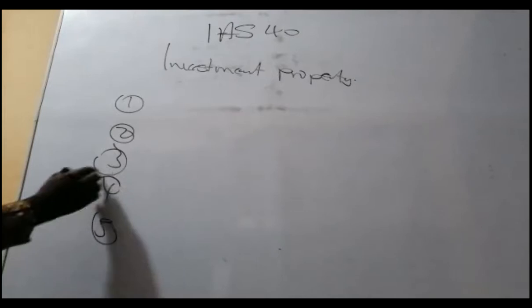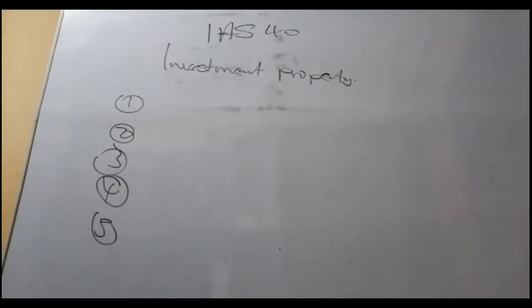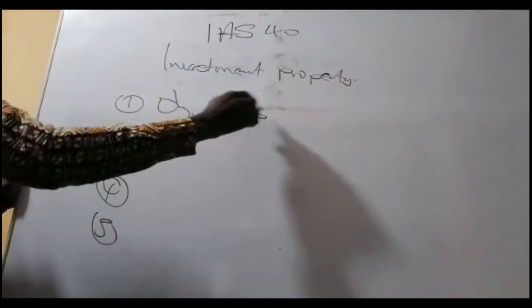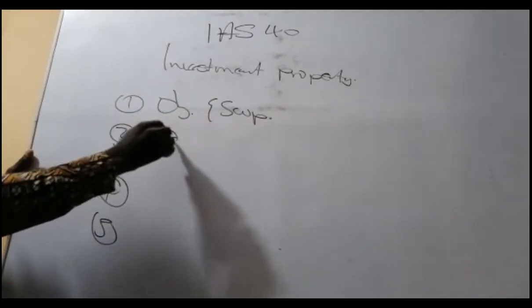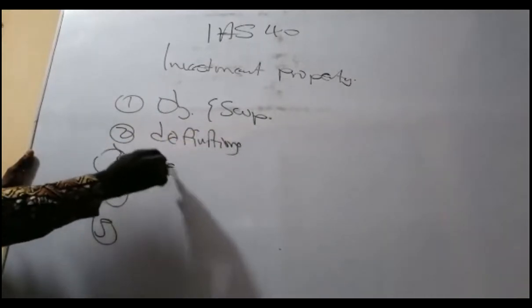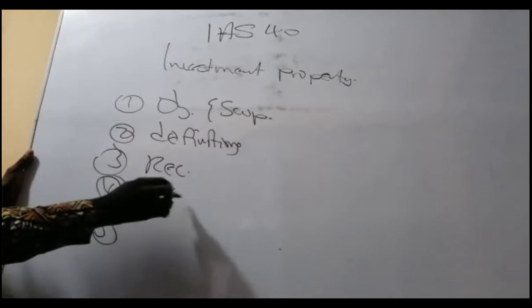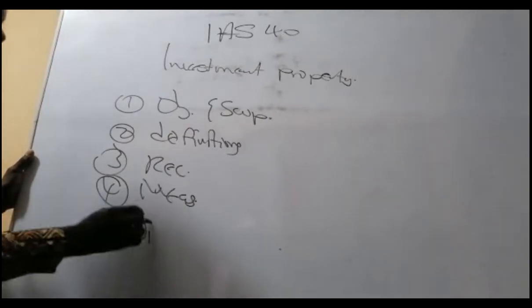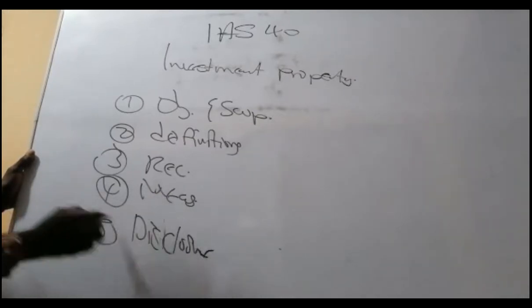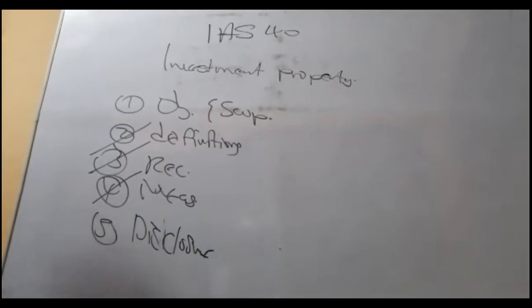If you pick every standard, 5 items: 1, objective and scope. 2, definitions stated in that standard. 3, recognition. 4, measurement. 5, disclosure. The most important ones are definition, recognition, measurement. That's the most important one. The rest, you can read them for the notes.